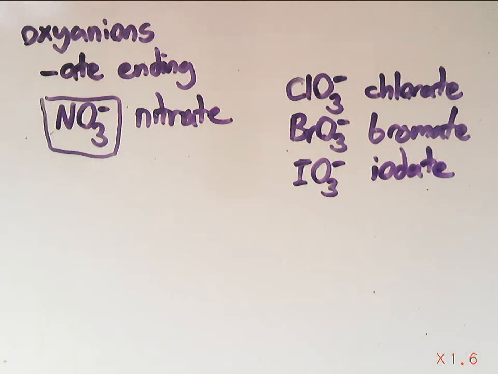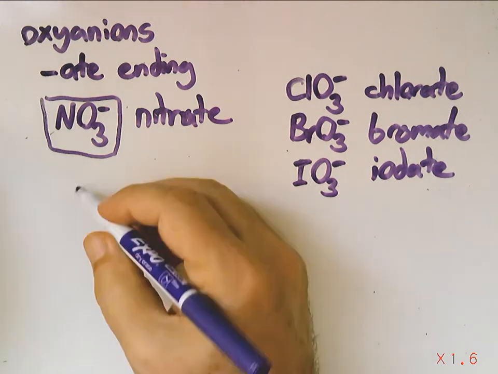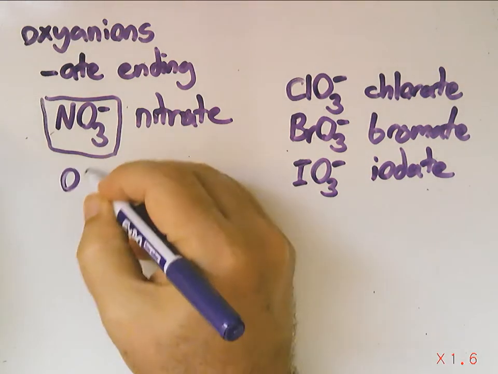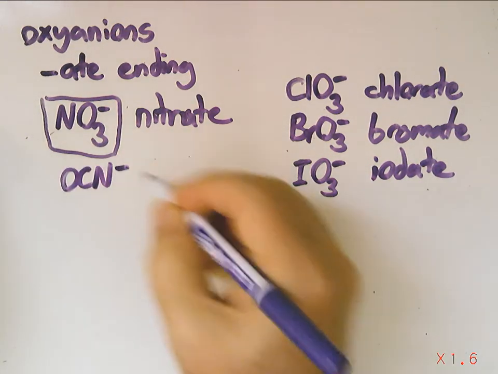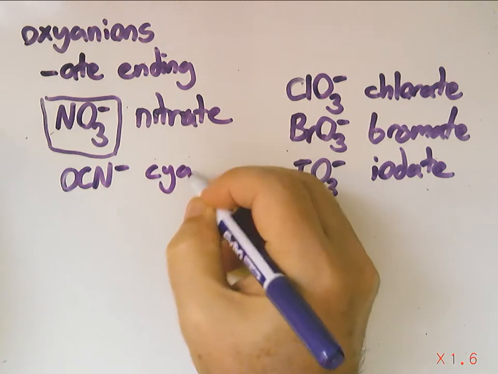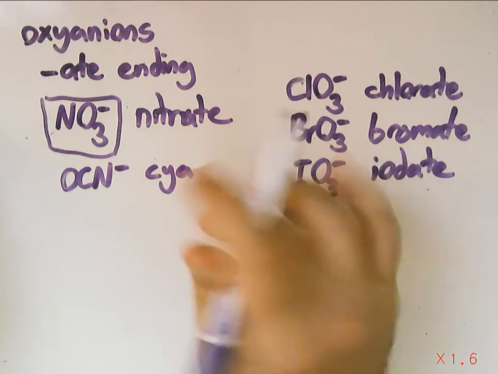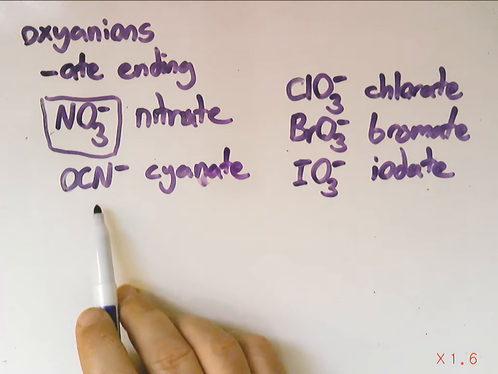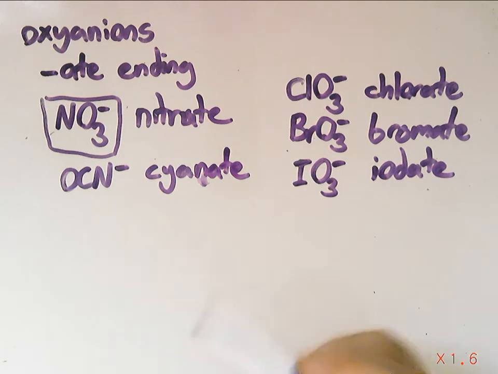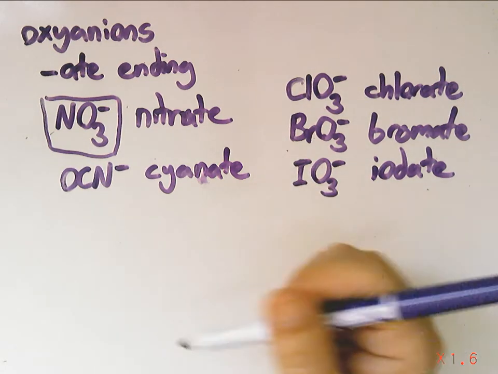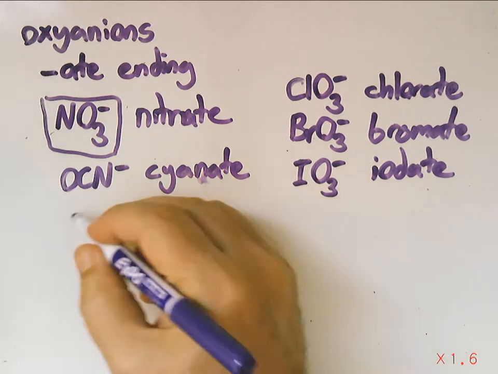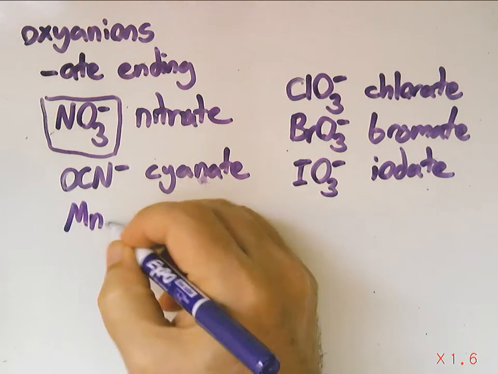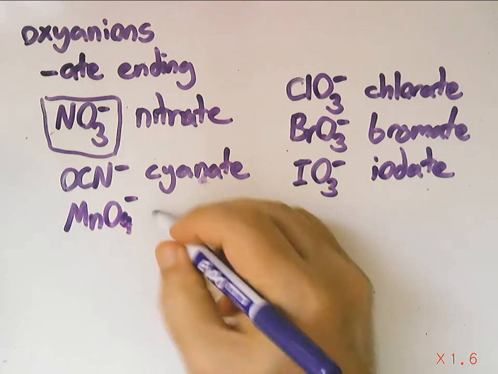Some other polyatomic ions. That's cyanate. Now, you know cyanide from the last video. This is cyanate. Permanganate.